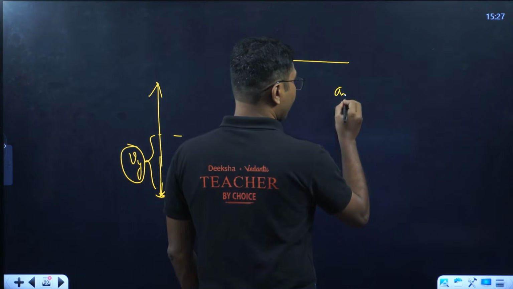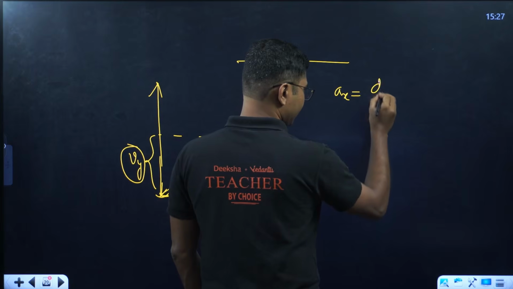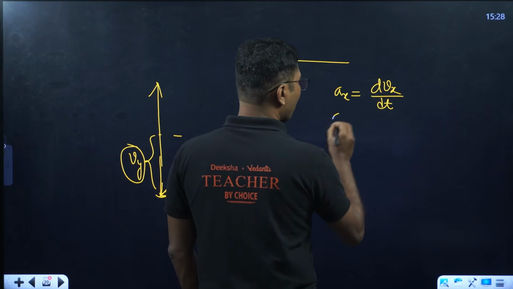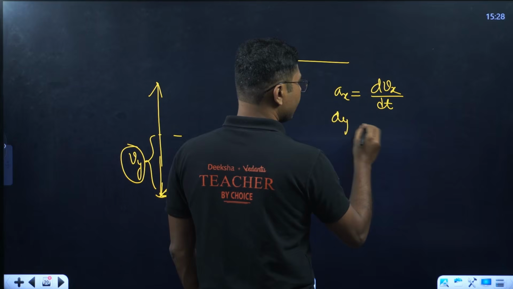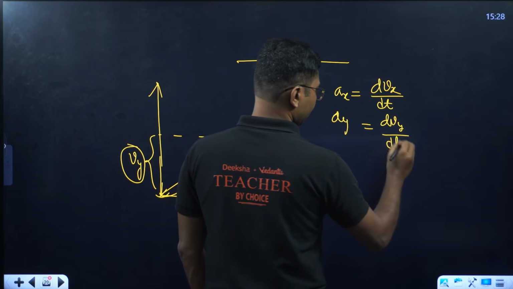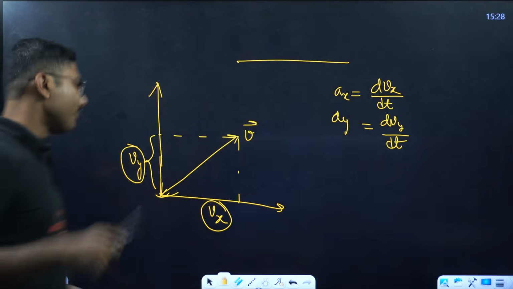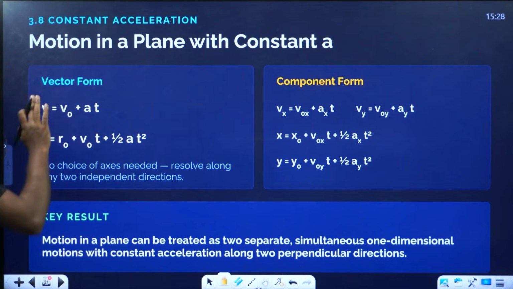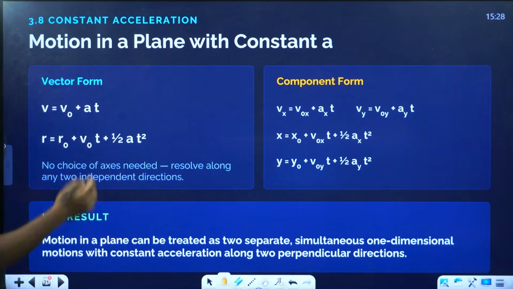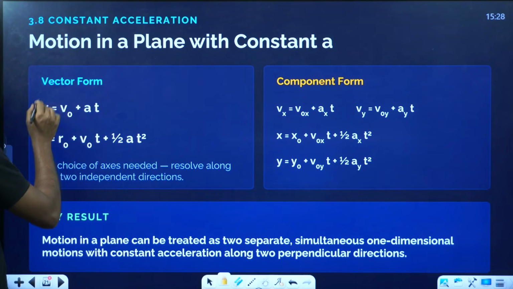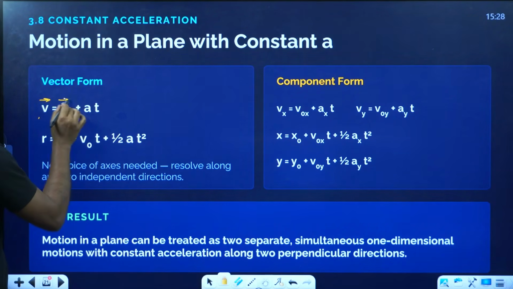Same thing goes for acceleration as well. The x component of acceleration is dvx by dt, and the y component of acceleration is given by dvy by dt. Everything is the same, only we need to apply the laws individually. Normally the equation is v equals v naught plus at. You can write this in vector notation as well.